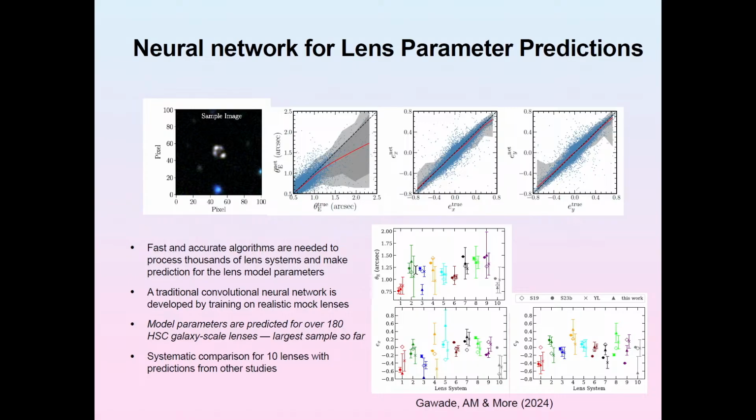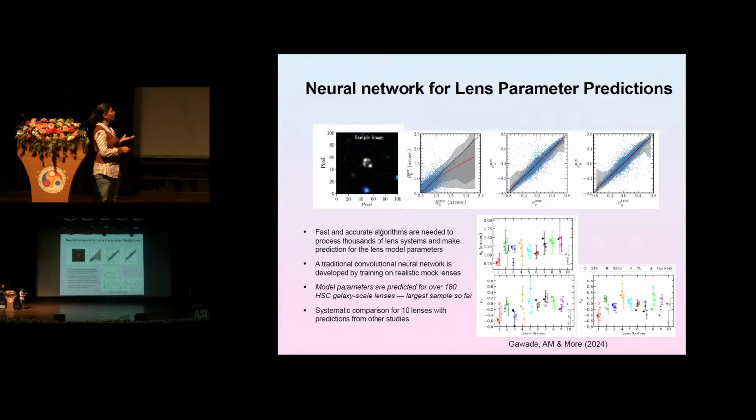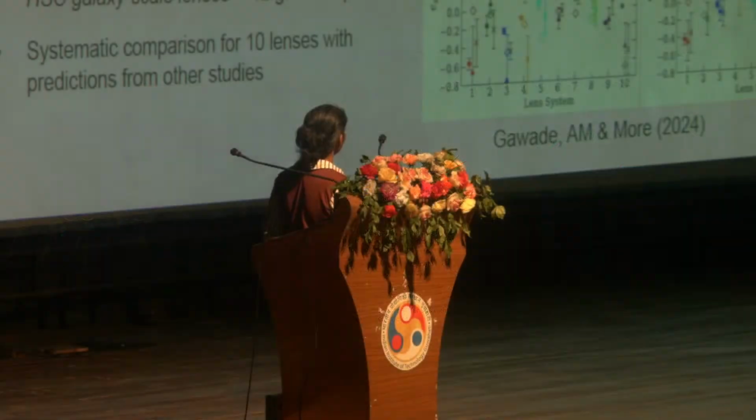We have also done some systematic comparison with a handful of lenses which were available and studied in detail by different teams. You can see there is reasonable agreement for the Einstein radius, but we are still somewhat struggling with additional parameters like the ellipticity and so on.